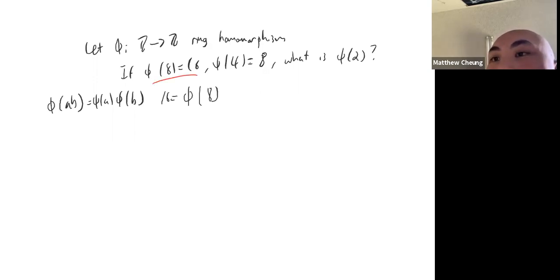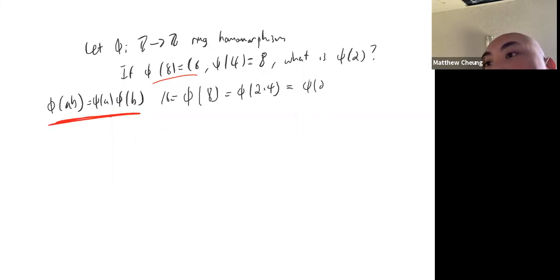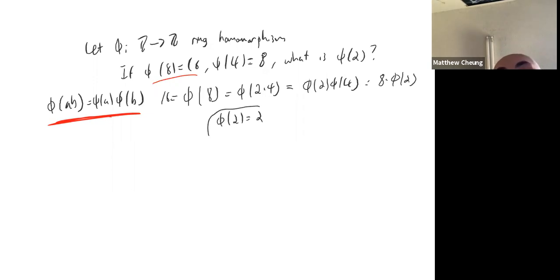But on the other hand, what is 8? 8 is 2 times 4, right? Now, using this rule, this is phi of 2 times phi of 4. Now, phi of 4 is 8, so this is 8 times phi of 2. And hopefully, phi of 2 is 2. Okay, everyone clear so far?